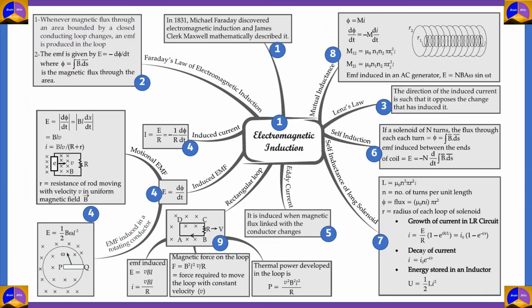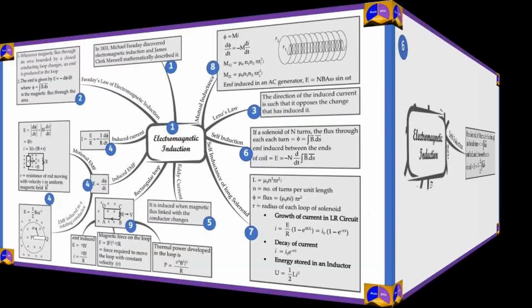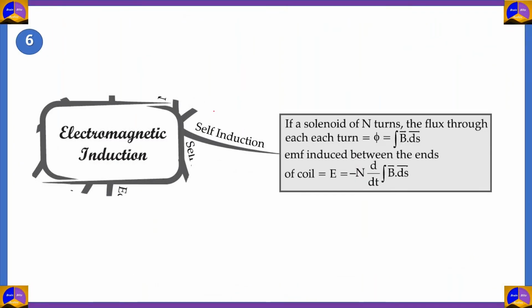Now let's look at self-induction. So what is self-induction? Current produced in a coil due to change in flux of magnetic field in the same coil. So that phenomenon where the current is produced in a coil due to a change in flux of magnetic field in the same coil.